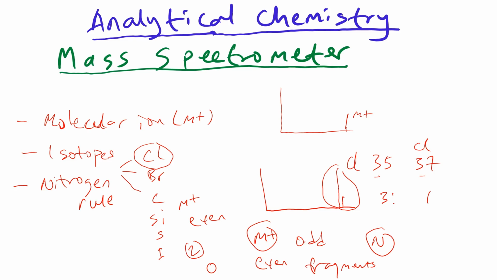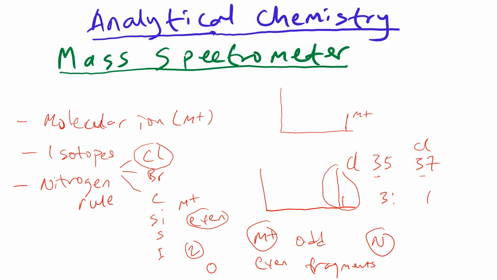And if the M plus is even, there's a possibility of two nitrogens present in the molecule, or zero nitrogen. So that is what the nitrogen rule is all about. It's going to help you know if there's a nitrogen present in the compound.